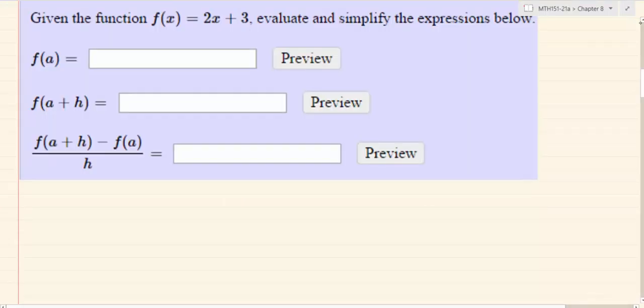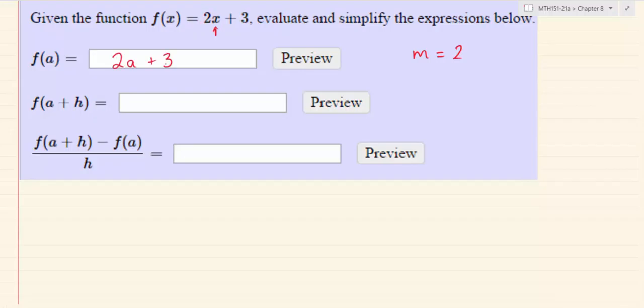So this is 2x plus 3. We know what these answers are. What is the slope of this function? 2. You know the slope's going to be 2, okay? So this is a linear function. So is the slope 2 everywhere? Yeah. What's f of a? You'll notice this f of a is this part here.